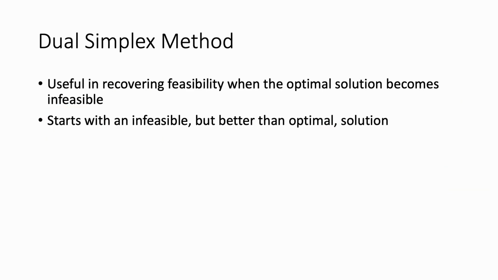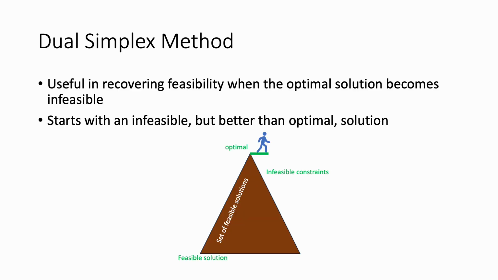Okay. So let's recall optimality and feasibility conditions. These are designed to preserve the optimality of the basic feasible solutions as the iteration moves towards feasibility. Now, the dual simplex method is useful in recovering feasibility when the optimal solution becomes infeasible, similar to what just happened in our example.